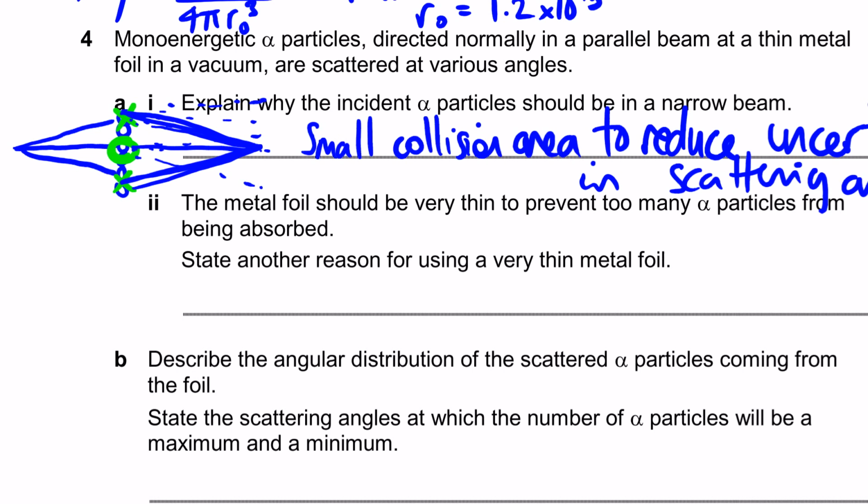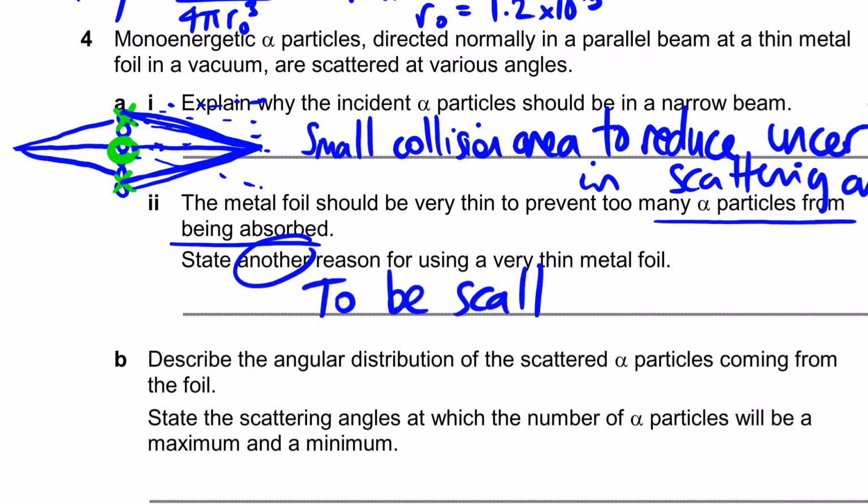Metal foil should be very thin to prevent too many alpha particles from being absorbed. State another reason for using a very thin metal foil. Please, please, please do not talk about what they've just said. Okay, do not say it's to prevent too many from being absorbed. They've said another reason. Similar to this is we only want one scattering. Okay, so to be scattered once.